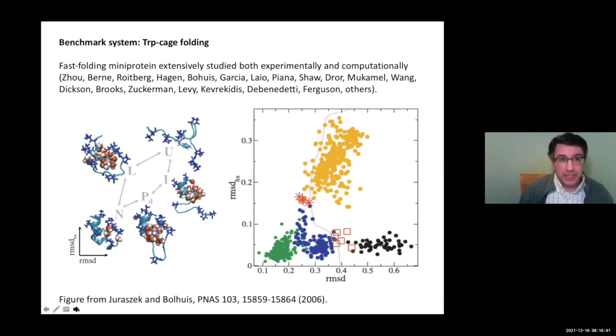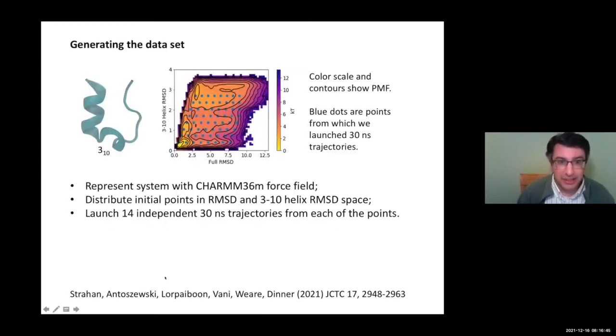Okay, so the first part of our procedure is that we have to actually generate some data. And in our case, because we knew a lot about this system, what we did was we distributed initial points in the space of RMSD and then this 3-10 helix RMSD.